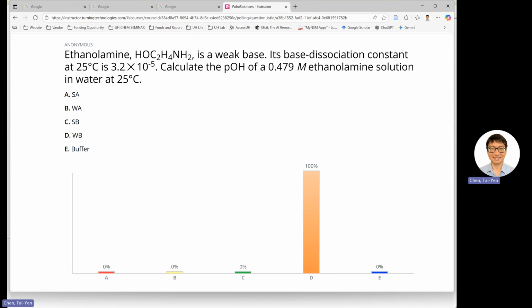If they have the same, then it's easy. But if they're different, then the species will be the conjugated partner of the species with the Ka or Kb. So it's very important that you see what kind of solution you have.